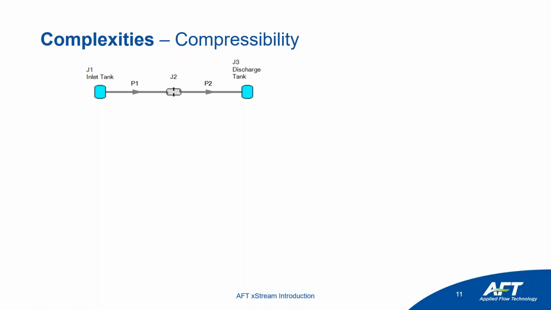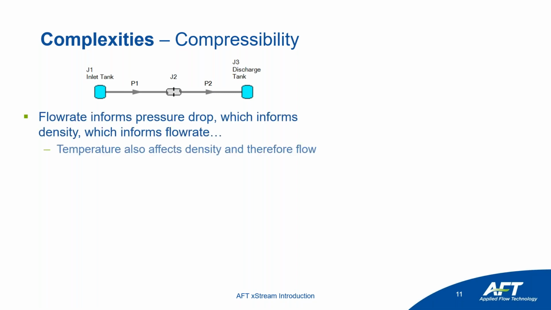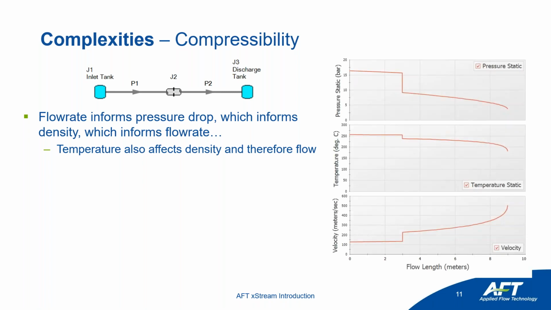To highlight this compressibility, like what we saw already, all of these parameters are interacting with one another. As your flow rate develops, it impacts your pressure drop through the system. That impacts your density, and the density informs your velocity and flow rate, which informs your pressure drop. Again, all of these things are interacting, along with the heat transfer effects, temperature, and things of that nature.